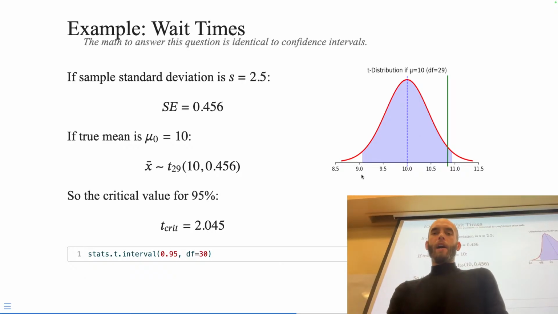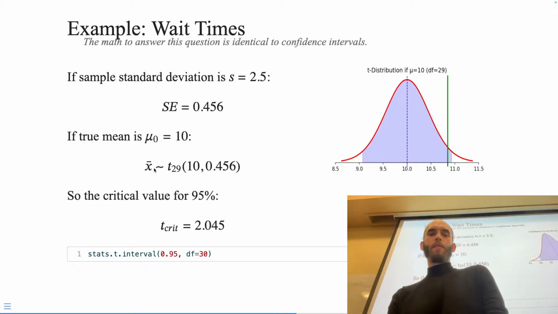So here, what we're trying to do is check whether our sample mean falls within some confidence interval around our guess. We constructed the sample standard error in the last slides. If the true mean is this, our distribution is centered on that true mean, and we want to find confidence intervals centered around 10.